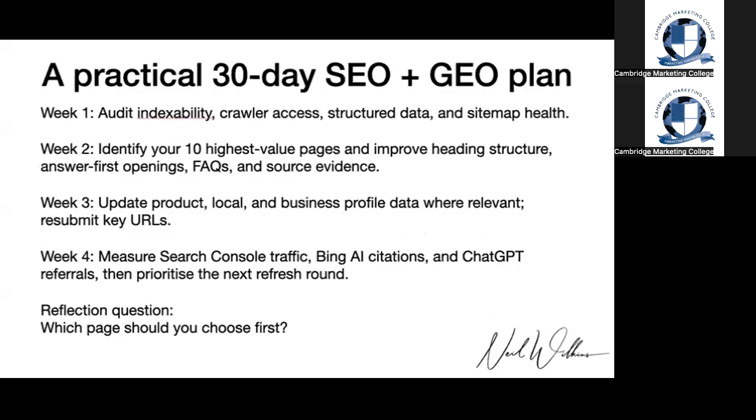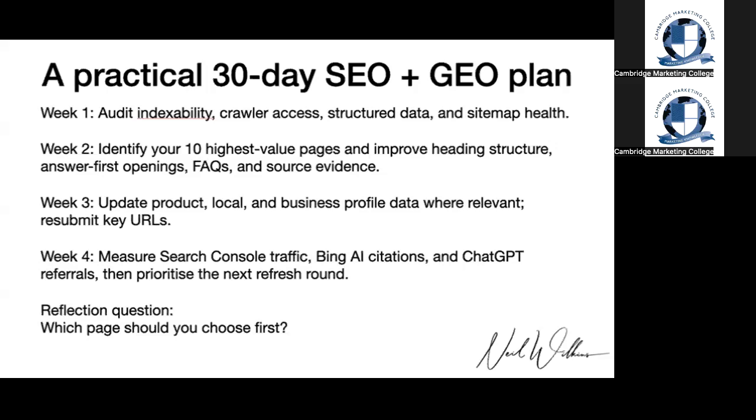Well, I've got this 30-day SEO plus GEO plan that I would recommend for you. So, if you want to begin here, you don't have to do it in this order, but to me, this order really speaks well to getting some quick wins and then building things strategically. So, this coming week, I would suggest audit your indexability, the crawler access, the structured data, and your sitemap health.